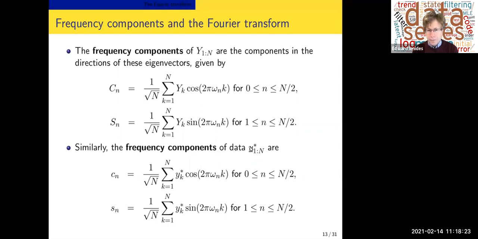And one thing to note here is we've done things just a little bit differently from the regular Fourier transform. We've stuck in this factor of 1 over root n. We've done a different scaling. You may be able to guess why the 1 over root n scaling is going to be convenient.